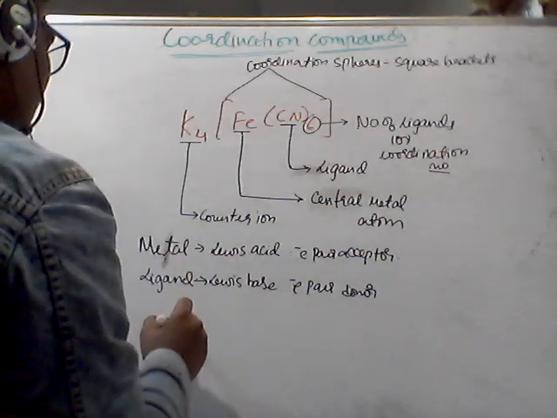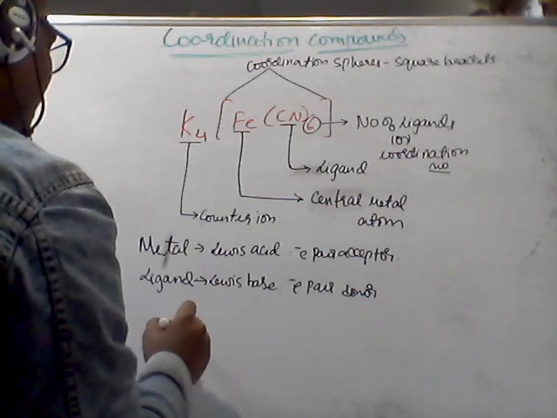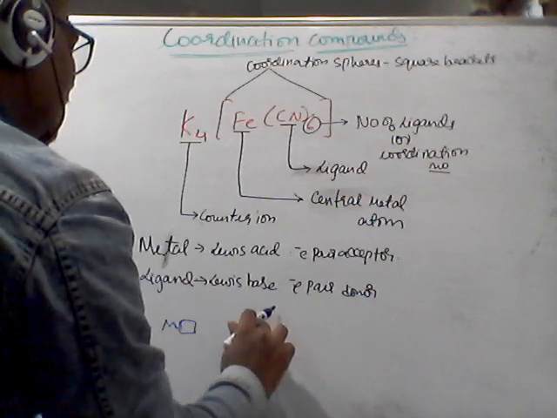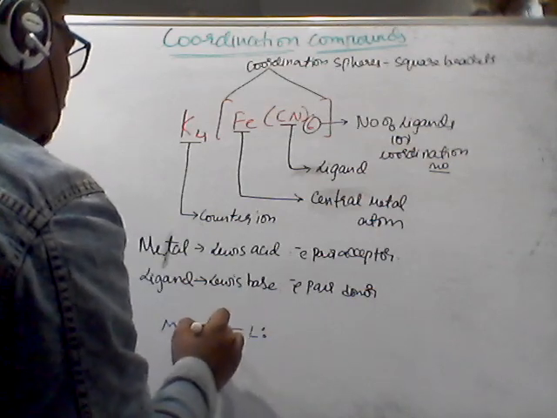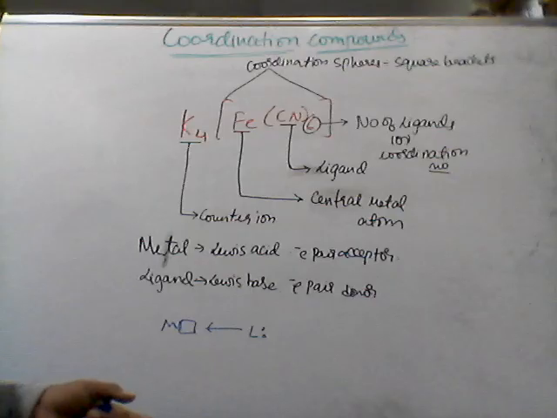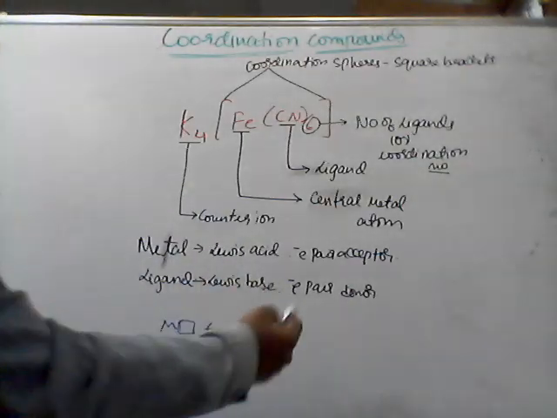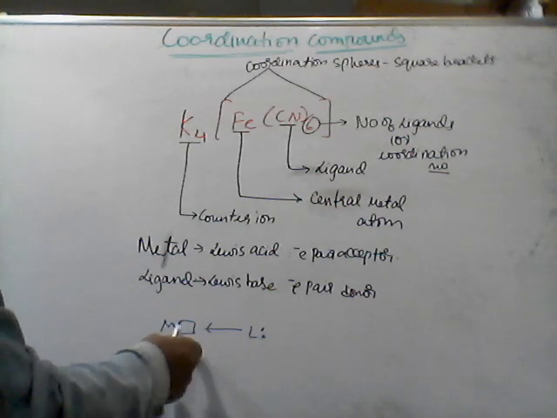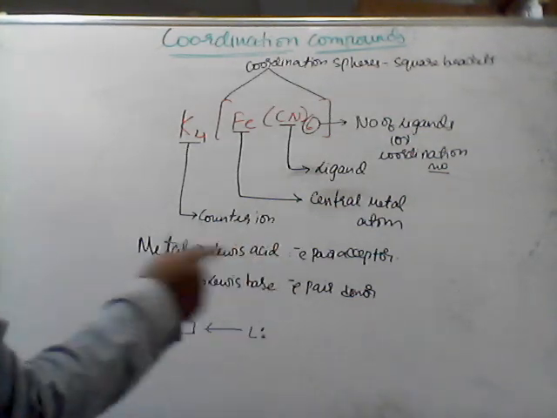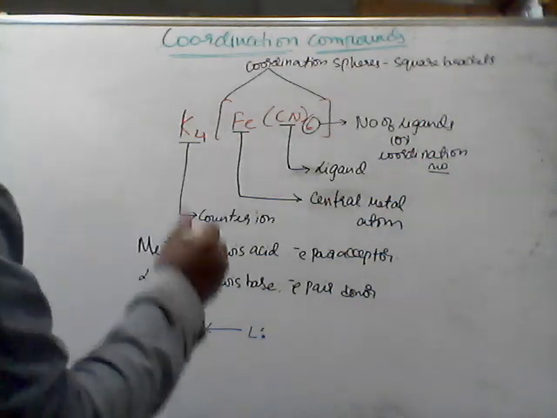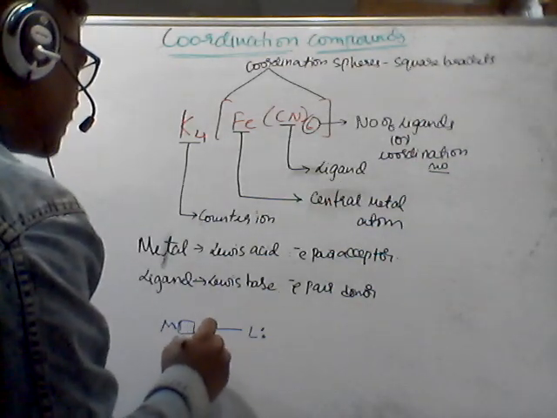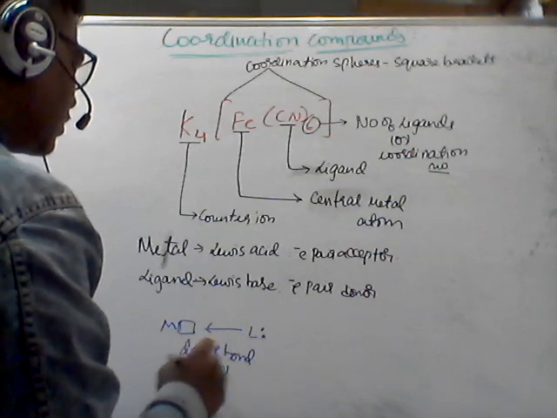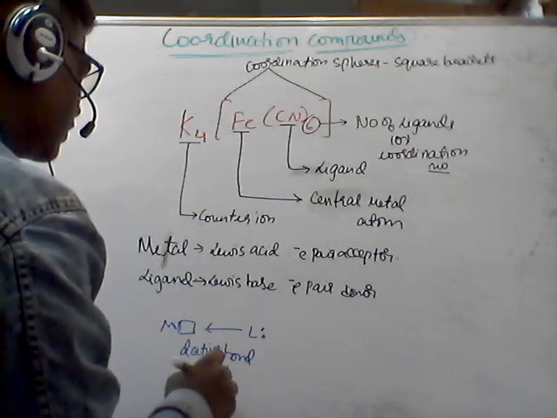Suppose this is the metal. This metal should have a vacant orbital and this ligand should have electrons, so that these electrons are donated to the metal atom. So this ligand will have excess electrons and this metal will have a vacant orbital. These electrons are transferred to this metal, forming a dative bond or coordinate bond.